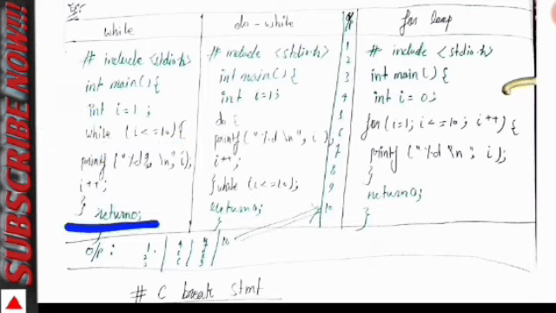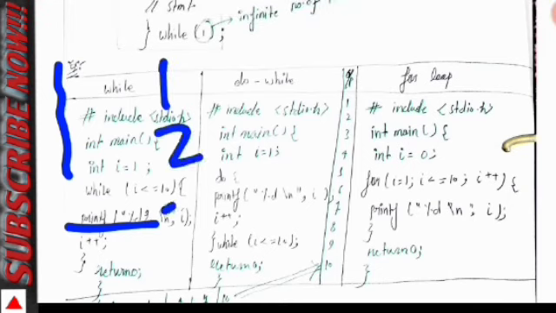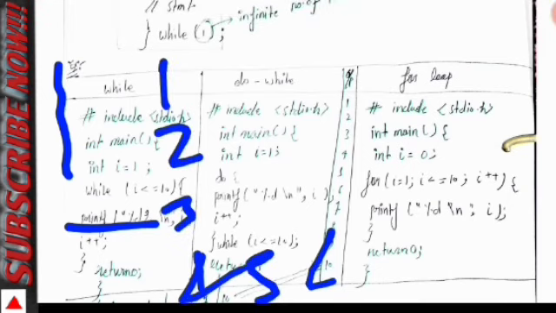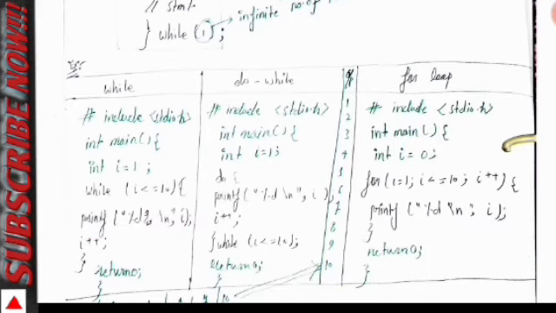Now after executing this while loop, we got 1 2 3 4 5 6 7 8 9 and 10, because in the given condition, i is less than or equal to 10.